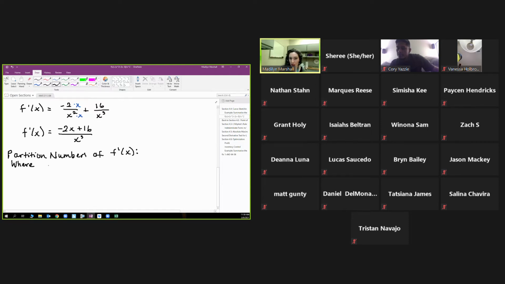So partition numbers of f prime are where f prime equals 0, or f prime is undefined. So anytime we're finding partition numbers of anything, it's when that thing is either 0 or undefined.